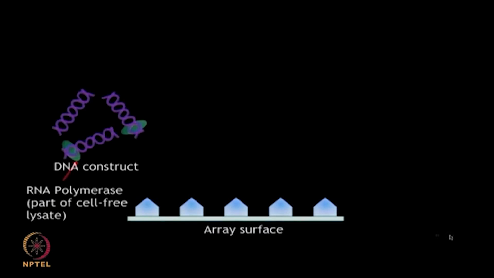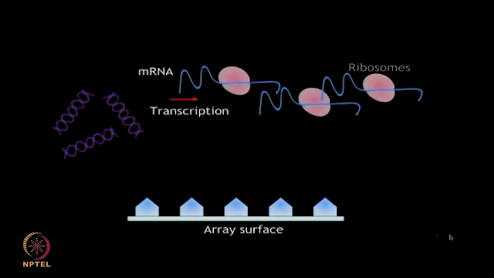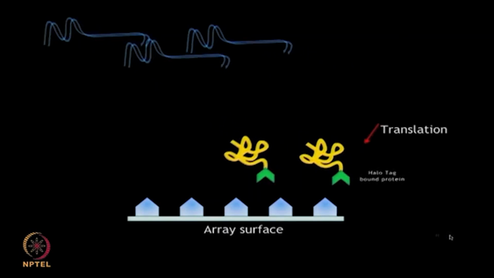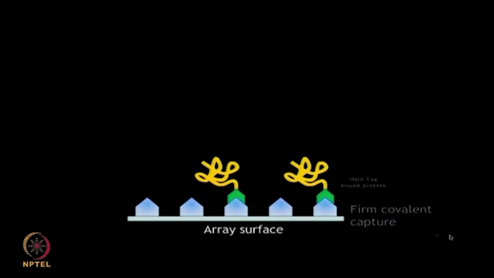The Halotag fused protein is expressed by using lysates such as rabbit reticulocyte lysate, RRL, or wheat germ expression system, and synthesized protein is covalently captured onto the array surface through the Halotag ligand. The specific interaction ensures the oriented capture of protein and prevents any possible functional loss.